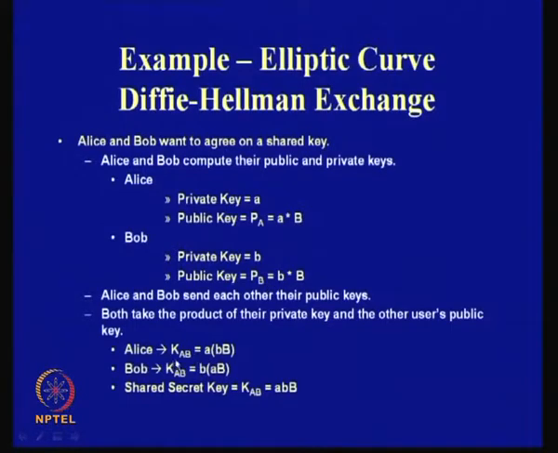What Alice does is obtain the corresponding value of Bob's big B and multiply it with its own private key A. So, that is A into B into big B, and that is the same as what Bob computes, because Bob obtains A into big B from Alice, and then multiplies it with B. Since A into B is the same as B into A, both these values are the same. Therefore, this is the final shared key, A into B into big B.